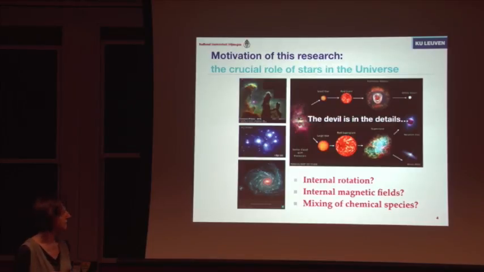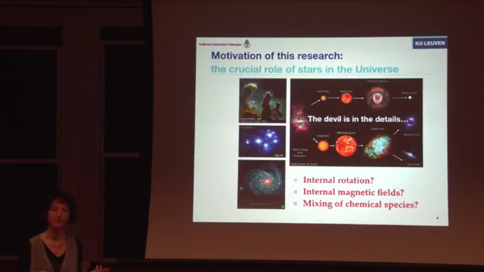Because if we are honest, then the stellar evolution models that people use today, and many astrophysics topics do use the outcome of stellar evolution computations. Internal rotation of stars, there was only one star where we had some information, that's the sun.